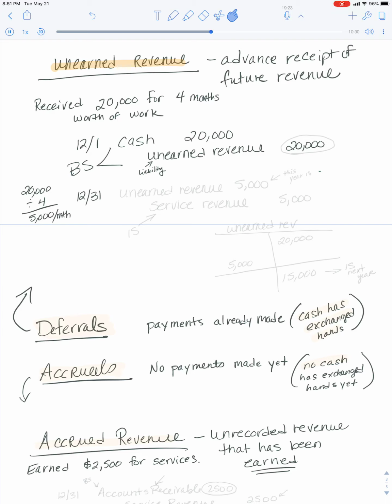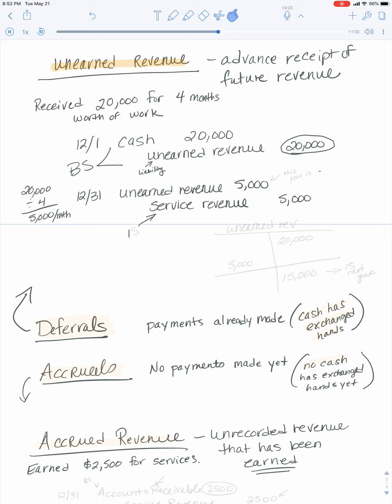Since it's a credit balance, we need to remove it with a debit. So we're going to debit unearned revenue. And credit real revenue. Let's call it service revenue. You could also call that fees earned. So here is where we've hit the income statement, finally, for what we have earned.